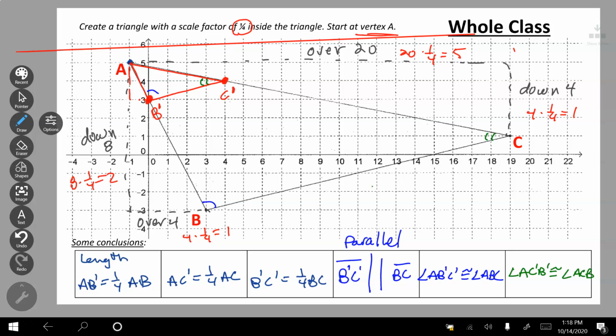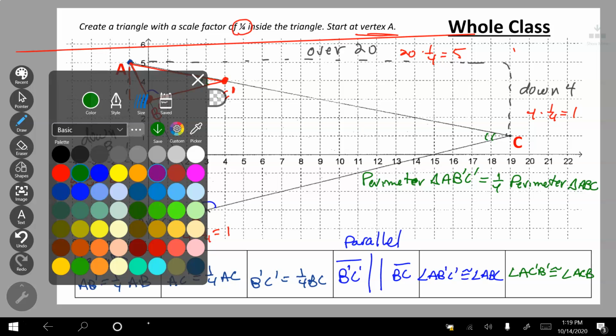And let's talk about perimeter. Perimeter of triangle A, B prime, C prime is equal to 1/4 the perimeter of triangle ABC. But when we talk about area, area is different.